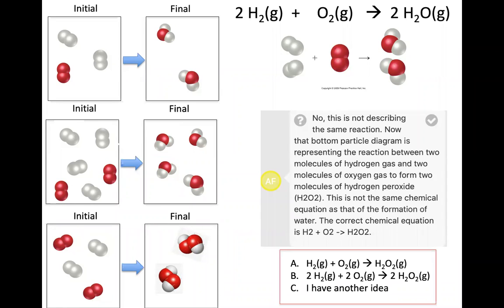Let me ask you about that. Do you think that that is the correct expression? Or should the coefficients match what you see in the picture? Or do you have some other idea on that? Let me send you a polling question on that one.